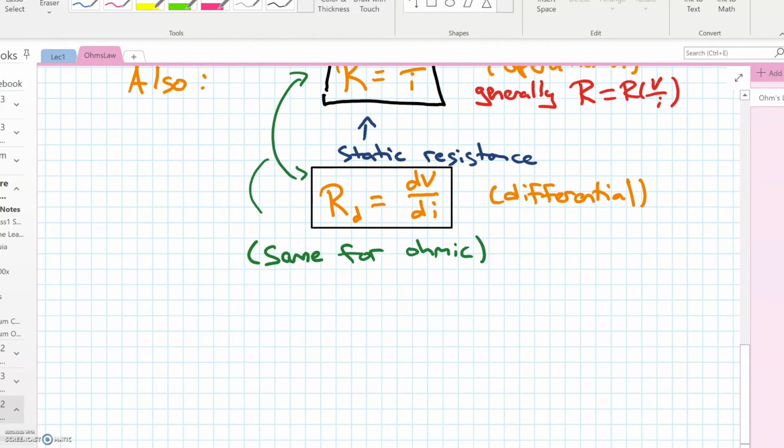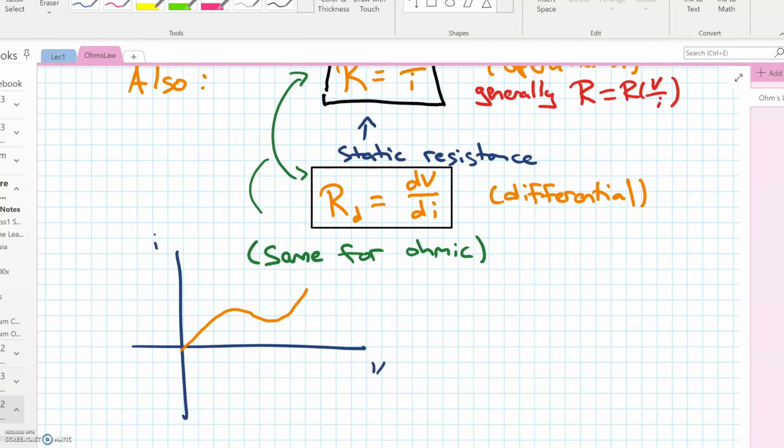For example, let's make a funny graph. Maybe we have a current versus voltage curve that looks something like this. So initially, let's say it's linear. And in this case, the static resistance is equal to the differential resistance. Here we can look, and let's put some numbers to this.